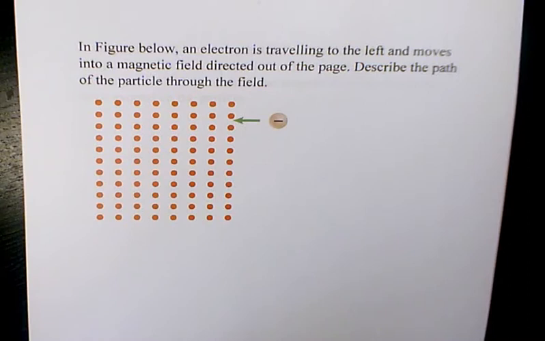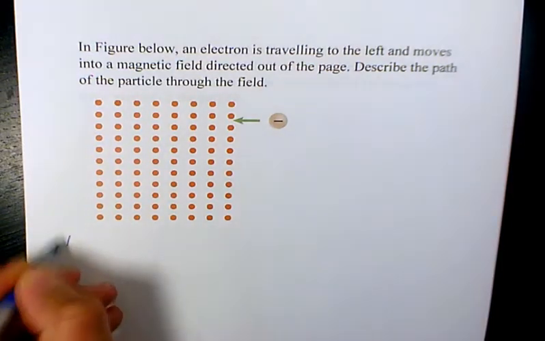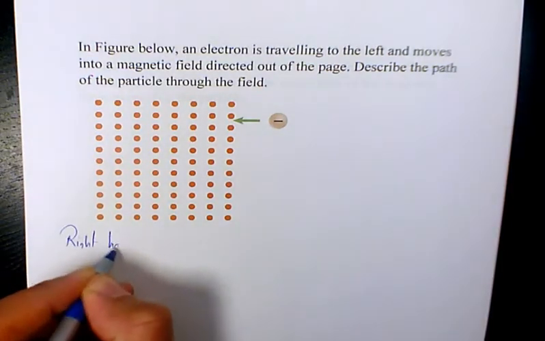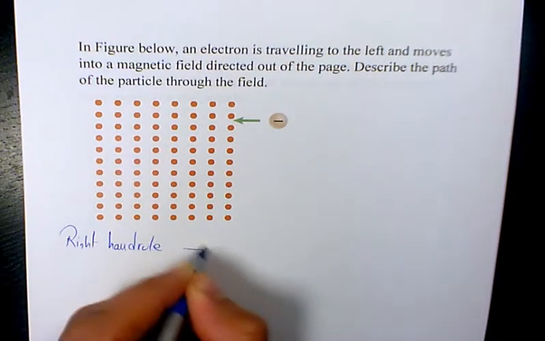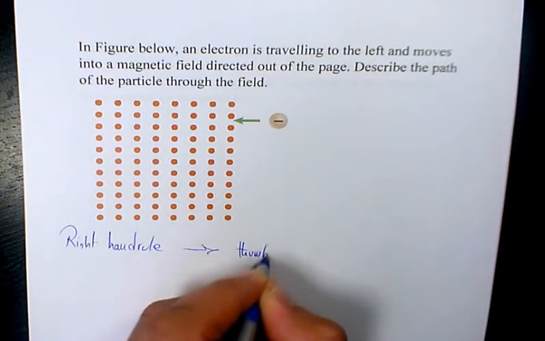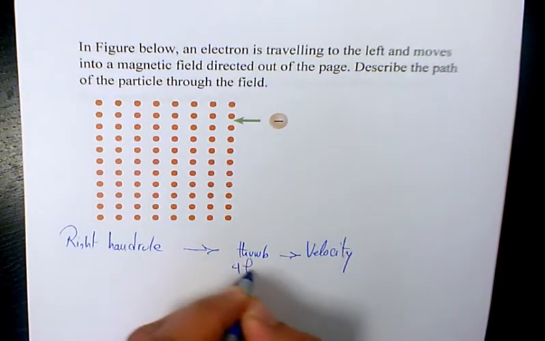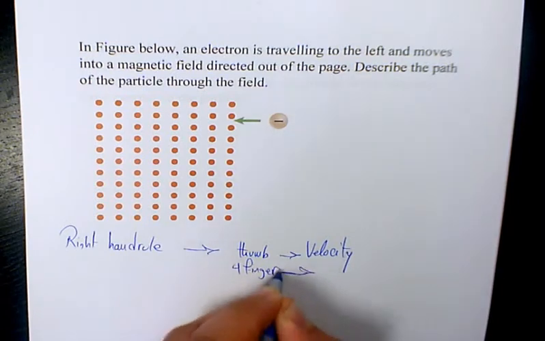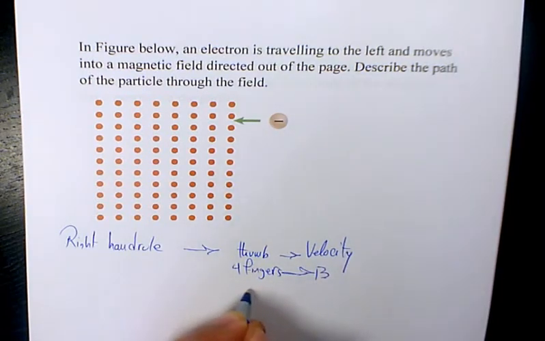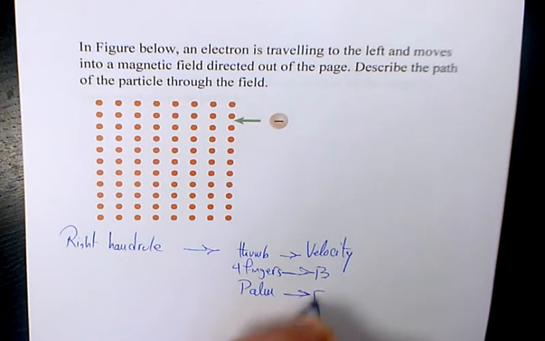In the next example, it says in the figure below, an electron traveling to the left moves into a magnetic field directed out of the page, as you see here. Describe the path of the particle through the field. So we need to use the right hand rule again. Thumb showing velocity direction, four fingers showing B, and palm is showing the force direction.